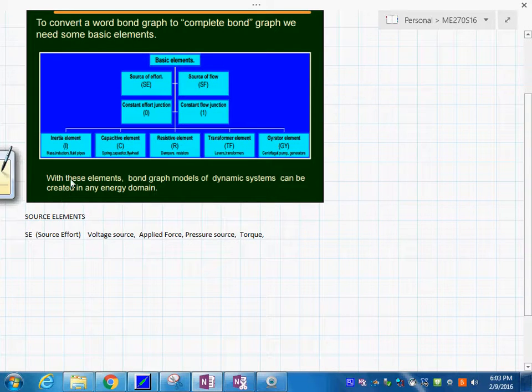Okay, so here, if we put SE as a symbol in here, the source is going to give power from the source to the system. So if this is the source, this is the system here.